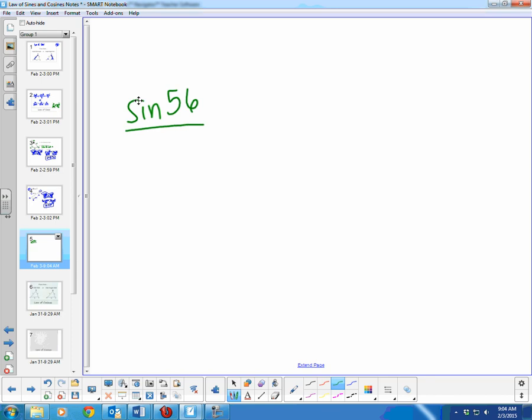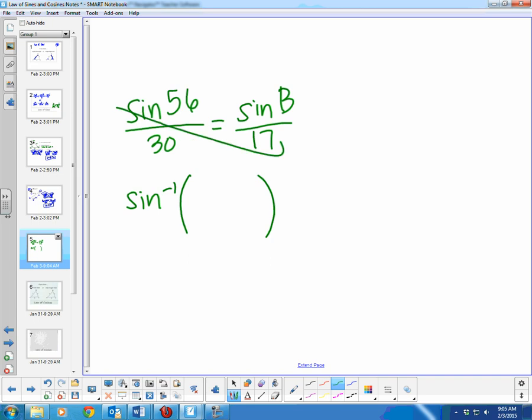Equals sine of B, we're solving for, over what's the side length of B? 17. Okay? So in your calculators, what will you put? Inverse sine, since we're finding the angle, of what fraction? Because we multiply these two, divide by 30, right? So 17 sine 56 divided by 30. Right?